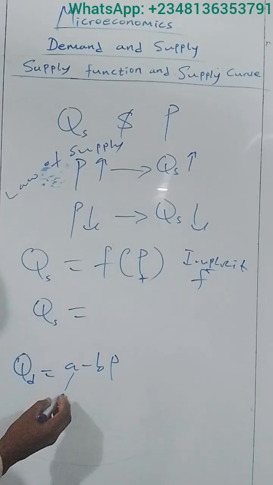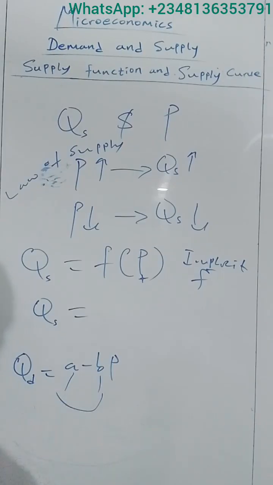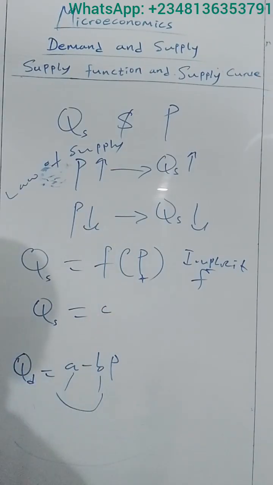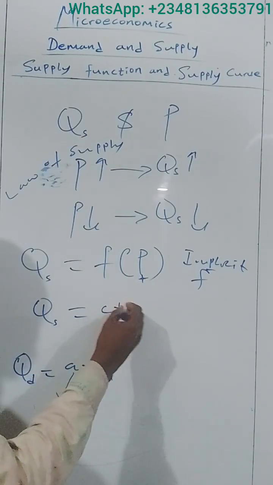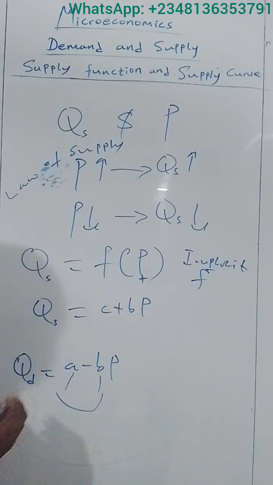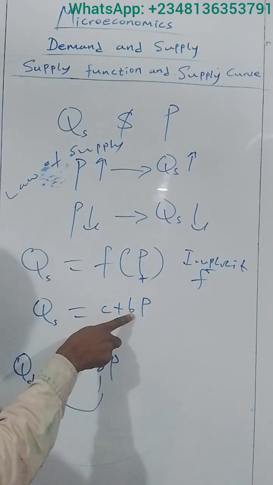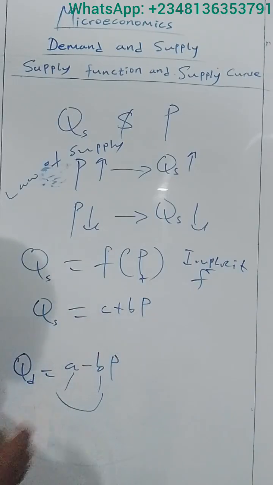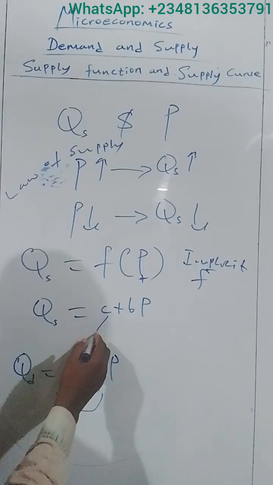Because I've used a and b, I don't want to introduce confusion, so I'm going to use other letters. So if I use c, Qs equals c plus bP. Why did I say plus? The plus here implies that there is a positive relationship between quantity supplied and the price. In other words, this c represents the intercept of the supply curve or supply function.